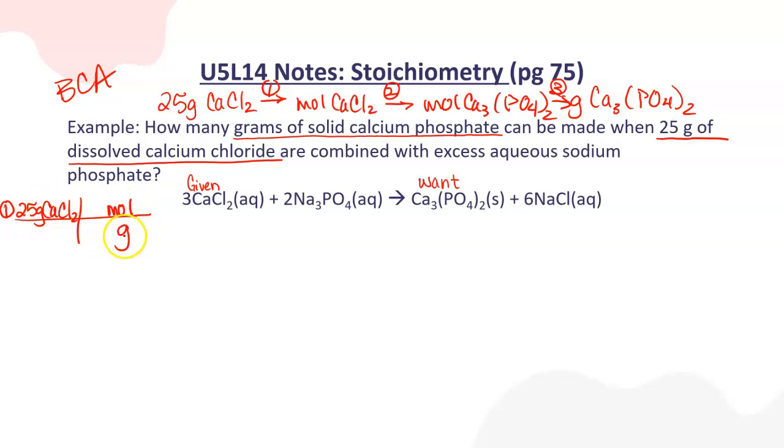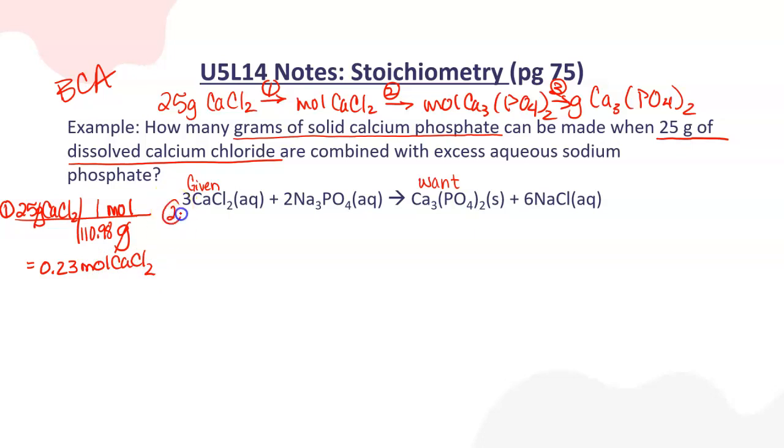Now this is the mole to mass ratio, or molar mass. So for every 1 mole of calcium chloride, we calculated this earlier, there's 110.98 grams. Grams cancel. So then into my calculator, I put 25 divided by 110.98. And I get 0.23 moles of calcium chloride. Okay. So I've done my first step.